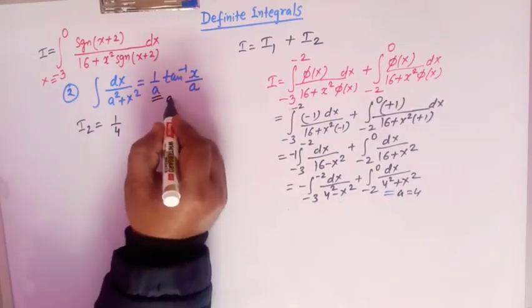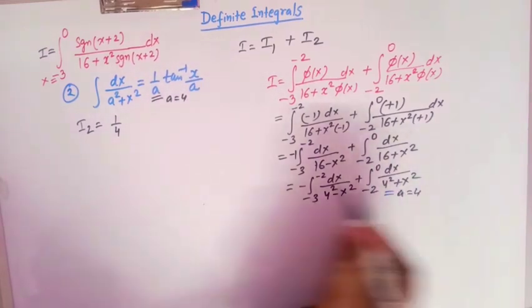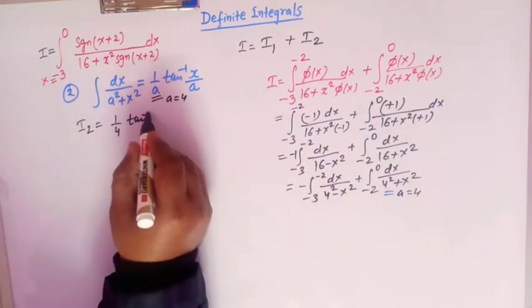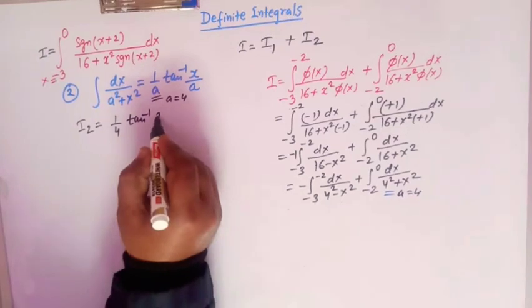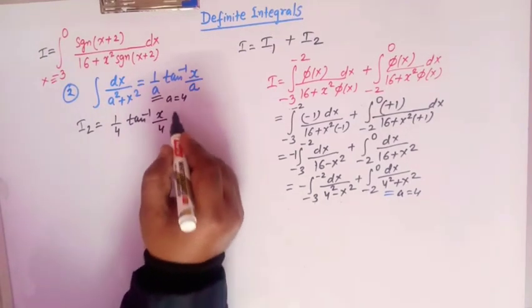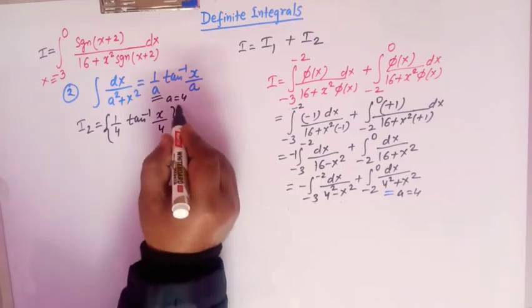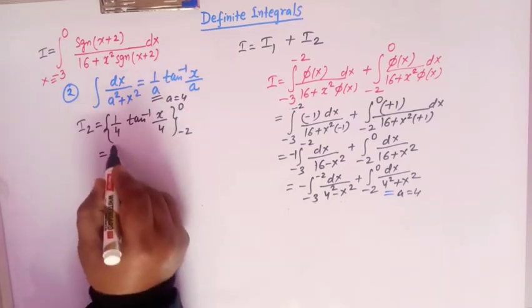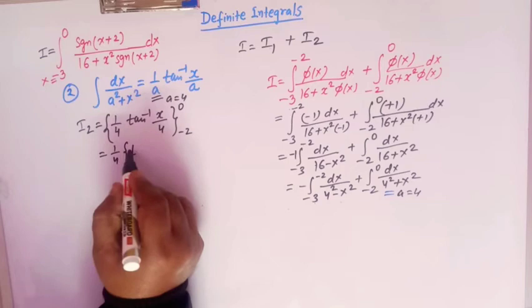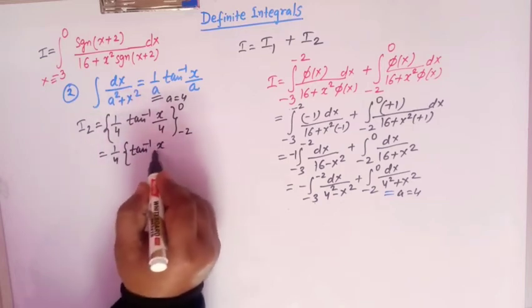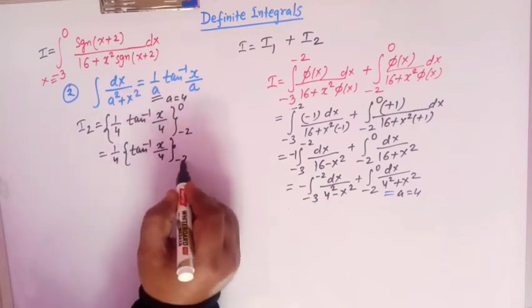For a we have 4, and we have tan inverse x over 4, and the limits are from minus 2 to 0. Now we can take this 1 over 4 outside, and we have tan inverse x over 4 from minus 2 to 0.